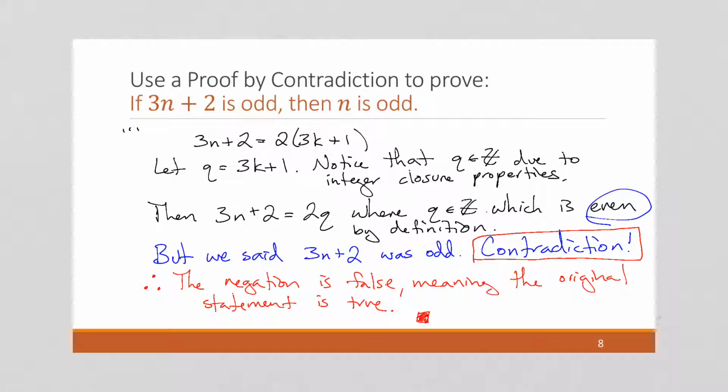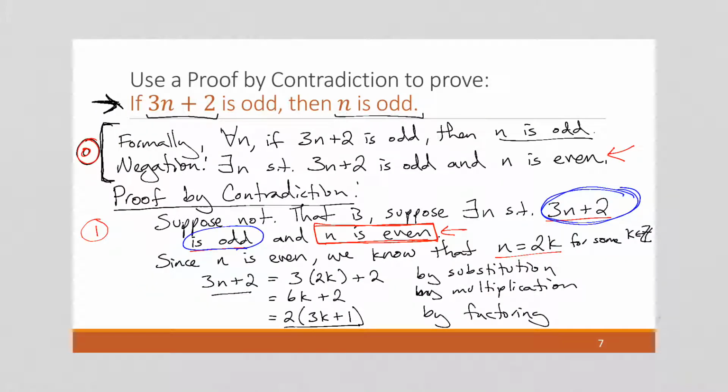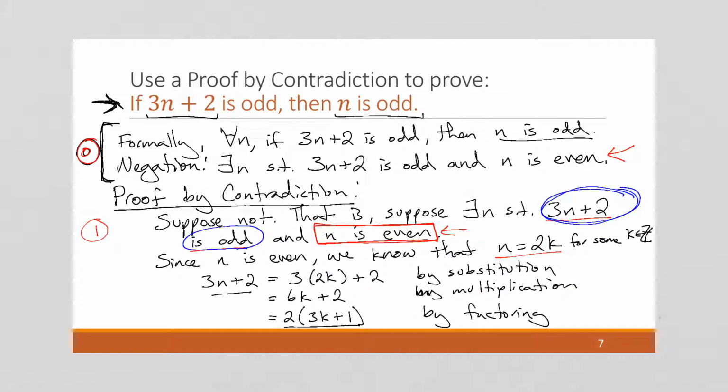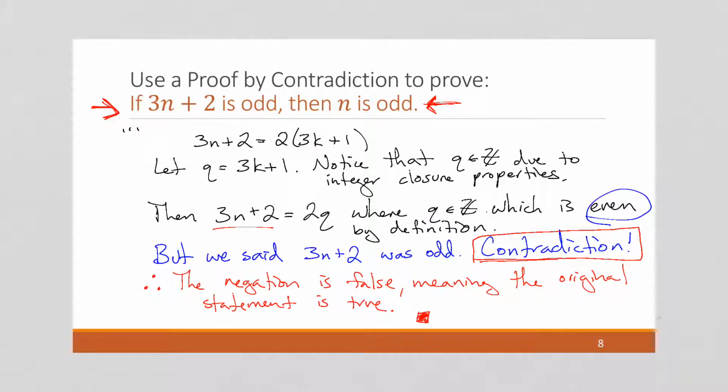We were trying to prove that if 3n plus 2 is odd, then n is odd. And we supposed the opposite. We supposed that there exists an n such that 3n plus 2 is odd and n is even. And we've shown how n being even means that 3n plus 2 is even, which is not what we said. We had said that 3n plus 2 was odd. So we have come across a contradiction and can conclude the negation, the opposite.